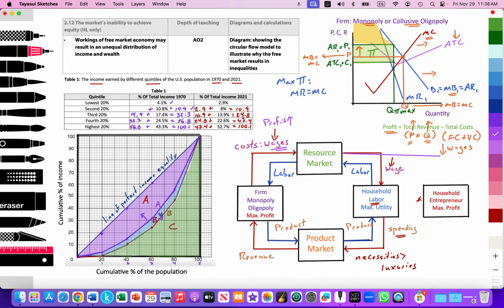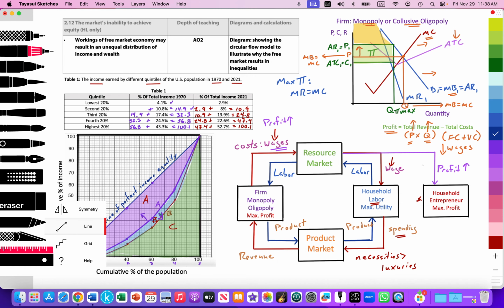So here we have this line extending out, and that is profit going to the household that is the entrepreneur. So here we see profit for the household rising. In return, they're offering their entrepreneurship to the firm. They're leading that firm. They're running that firm.